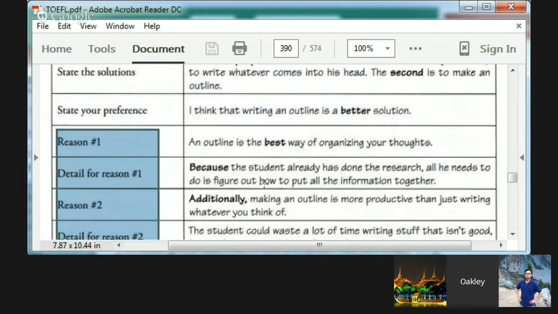The correct answer, by the way, is the one that you can quickly think of two reasons for. That would be the correct answer. Even if you yourself, in your heart and in your mind, don't believe it or don't think it's true, if you can think of a couple reasons for one solution or the other, and you only have 20 seconds to prep, then that's the one you should do.